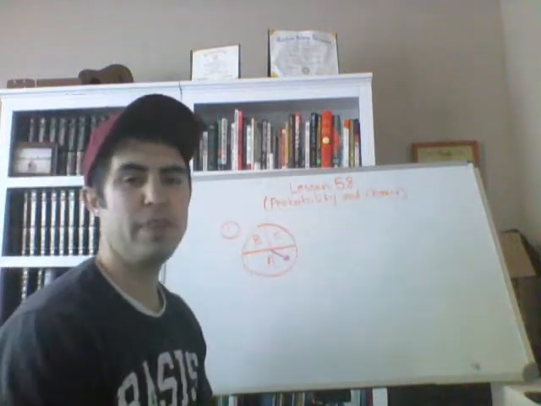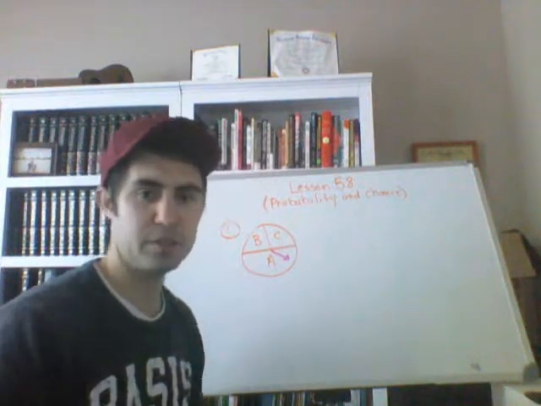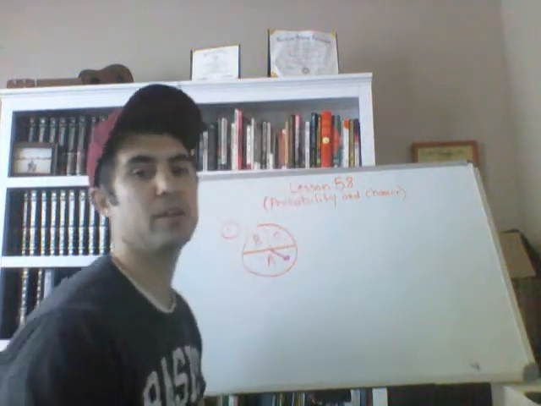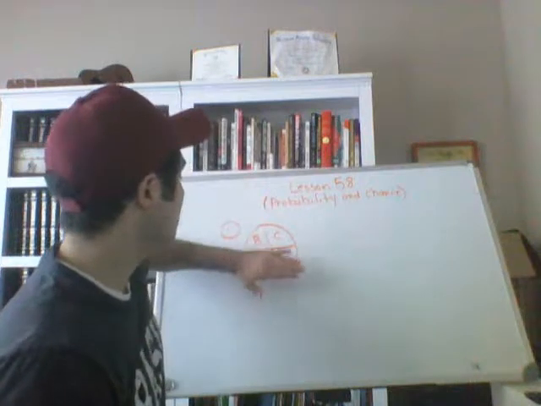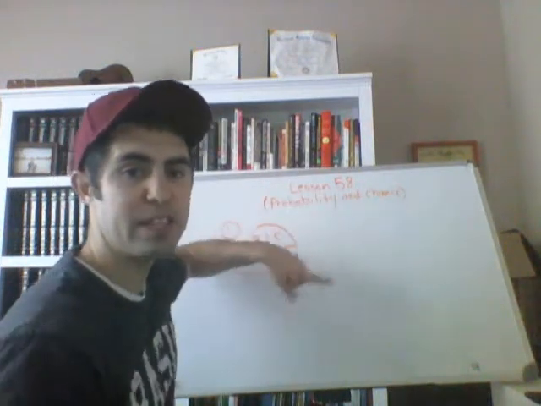So look at this circle and think about our pie charts that we talked about earlier this year. Now, in a pie chart, a pie represents 100%.